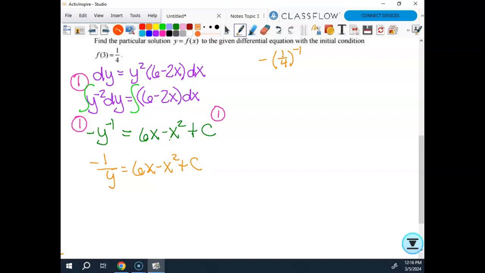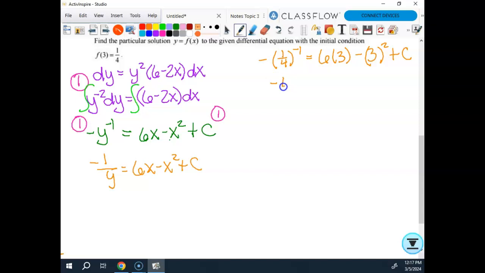Okay? But negative, I can also write it like that. That's fine. That's equal to, then my x is 3. This is 6 times 3 minus 3 squared plus c. Okay? And I used my initial condition. I substituted it in, and that should give me something. And I just hope that I do the rest of it right.